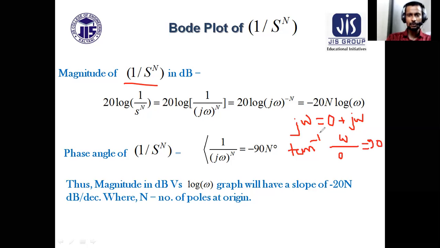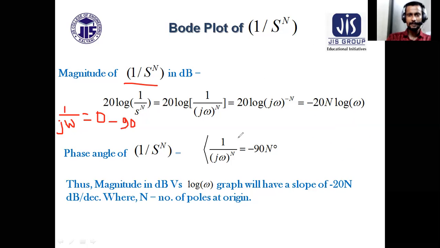So the phase angle of the term j omega is 90 degree. So the phase angle of 1 by j omega will be: phase angle of 1 is 0 degree, phase angle of j omega is 90 degree. As it is divided, it will be minus 90. So the phase angle of 1 by j omega is minus 90. Similarly, suppose you have j omega whole square.